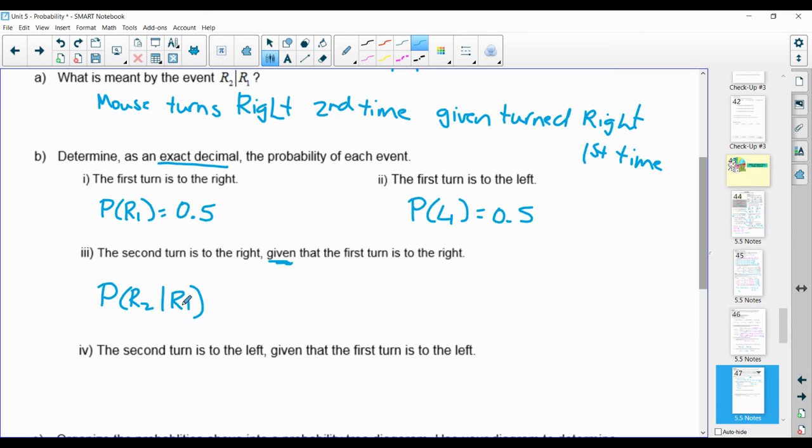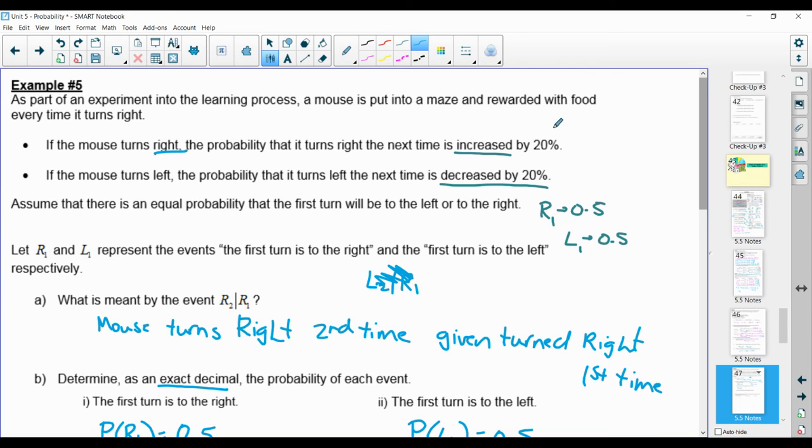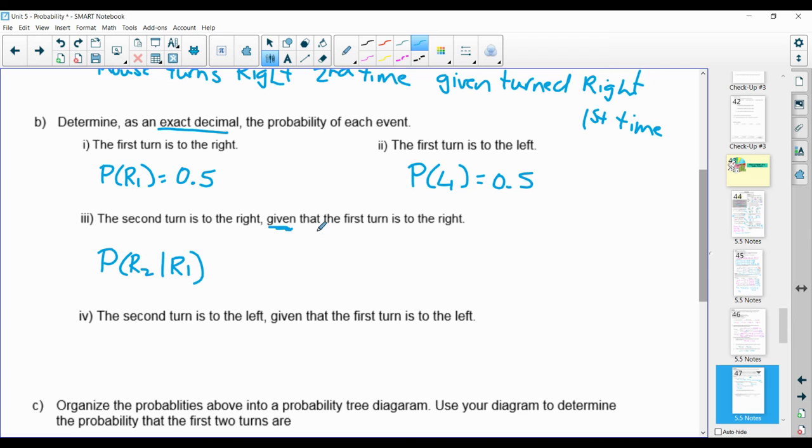Now these ones are a little bit trickier. We know that if the mouse turns right the first time, the likelihood that they're going to turn right the second time is 20% more. So the probability of turning right given the first right is going to be the 50% chance plus 20% of that 50%. Now remember, of in math means multiply.